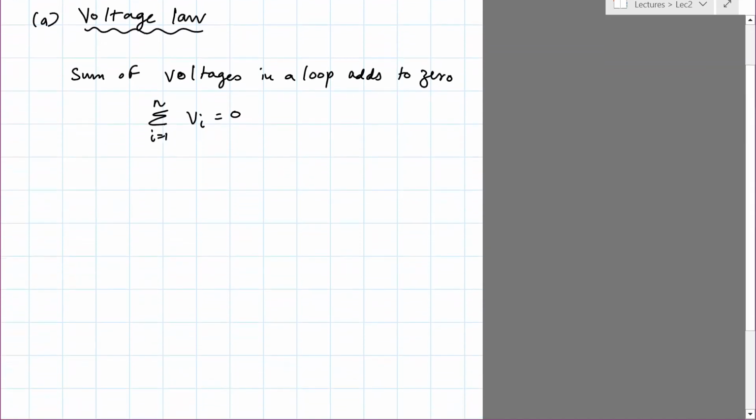So to give you an example, if you have 4 voltage sources, and let's just put some signs on them just to show the polarity. So V1, V2, V3, V4.